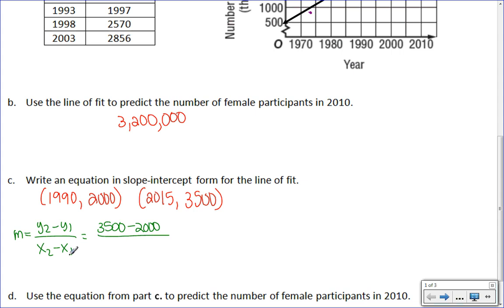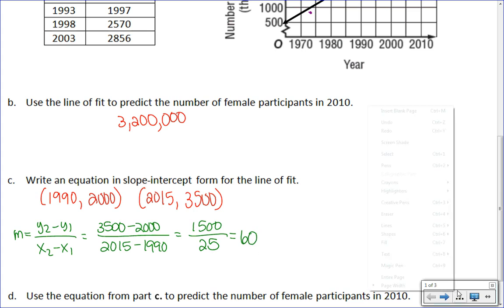And then x2 minus x1. Okay. And 3500 minus 2000 is 1500. 2015 minus 1990 is 25. And you divide those, you get 60. So now we have the slope.